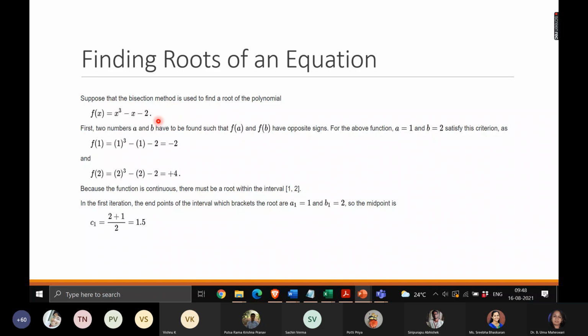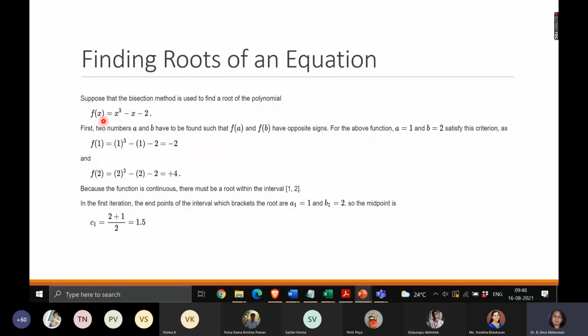So let us take an example function, x cubed minus x minus 2. There is a polynomial given for which we would like to find a root. So what is a root actually? Given f of x, if you substitute some value for x and it gives you a value 0, then that x will be the root.